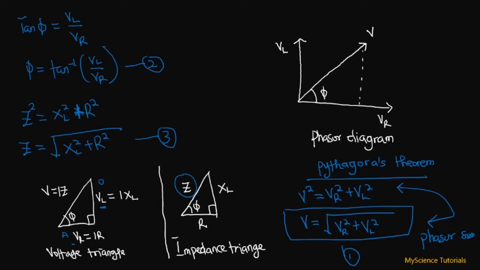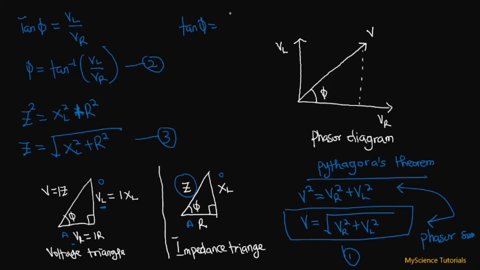So the impedance is the total or the overall opposition to the flow of current in an AC circuit containing two or more components, such as maybe an inductor, resistor, or a capacitor. Now, from the impedance triangle, again, we can also find the phasor angle. So that will also give us tan theta, or tan of the phasor angle, equal to the opposite over the adjacent.